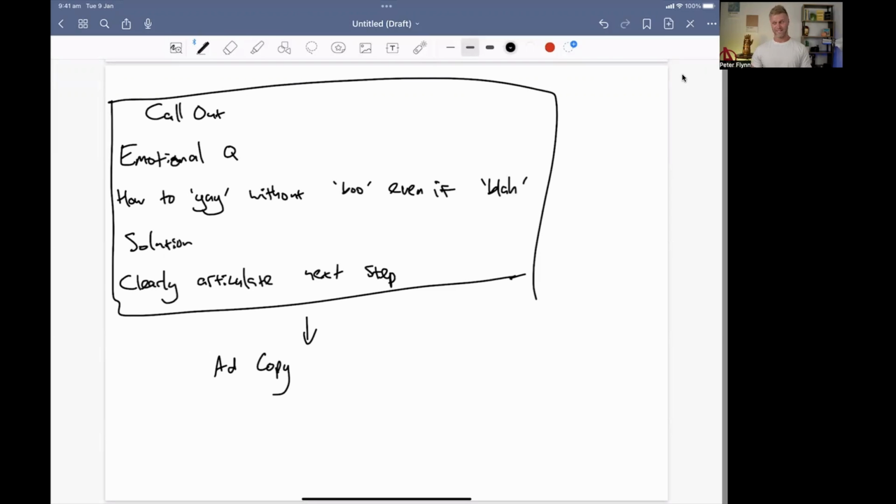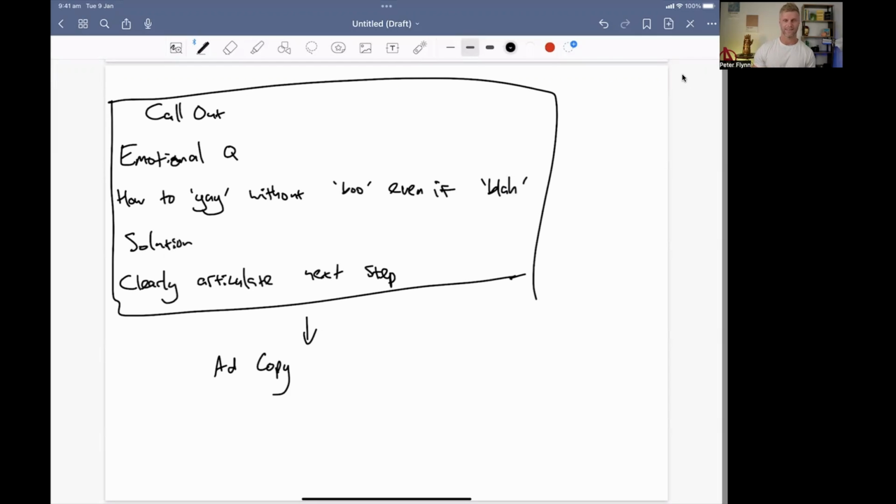The solution would be: download our free guide for the 5 questions you need to ask in an interview in order to make sure that the clinic you're applying for will deliver on their promises. Something like that, right? If you're someone who has been at a clinic that hasn't delivered on their promises and you've gone through this, you're very likely to download that.